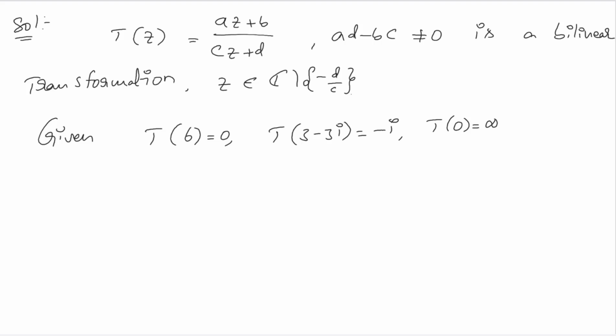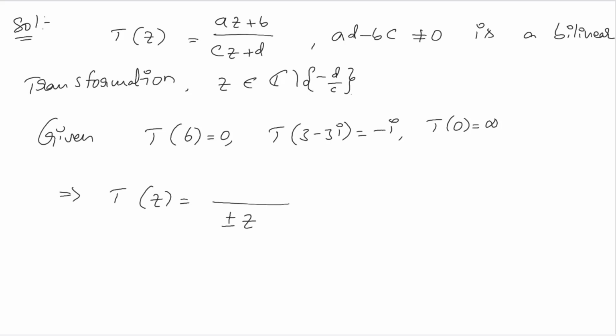So that implies we have T of Z equal to, in the denominator, D as 0 and C as plus or minus 1, so in total plus or minus Z. When we write like this in the denominator, we get the value of T of 0 is infinity.